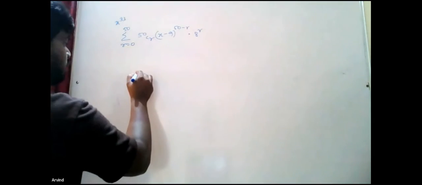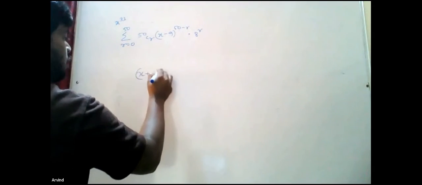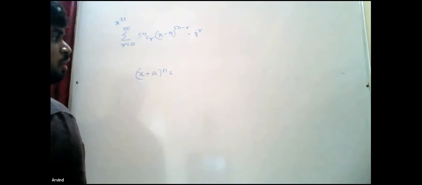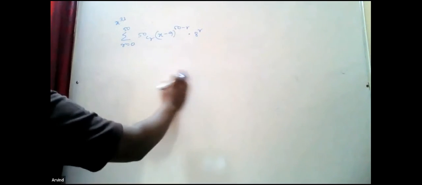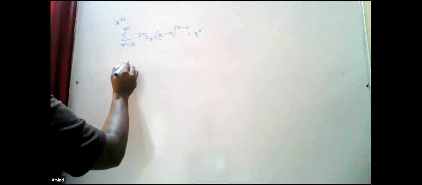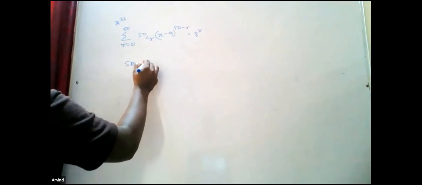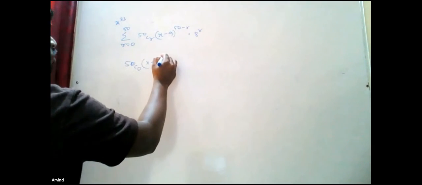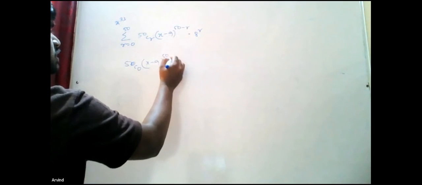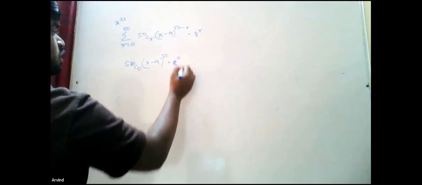But if you use the formula of binomial expansion, which I already wrote, for (x plus a) whole to the power n, I'll tell you how. First of all, I'll tell you how big it is. First, if you give 0 to r, it becomes 50C0 (x minus 9) whole to the power 50 minus 0, which is 50 itself, into 8 to the power 0.